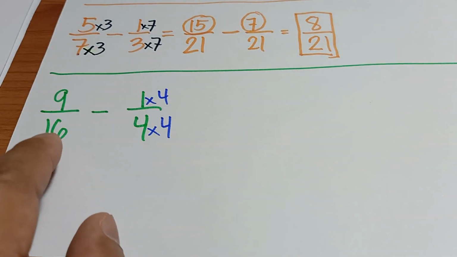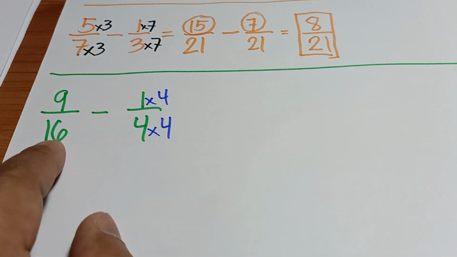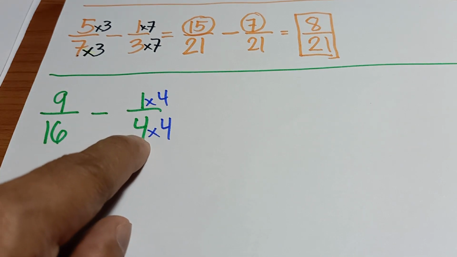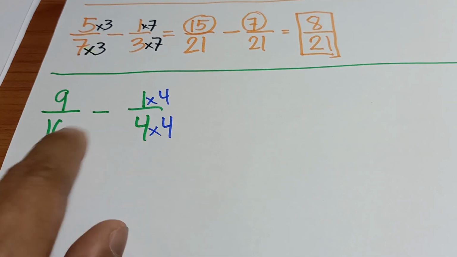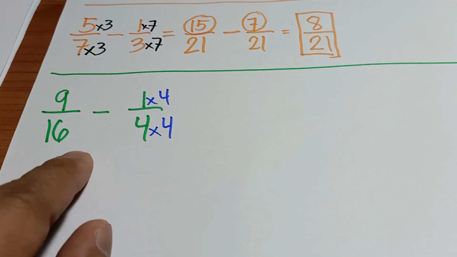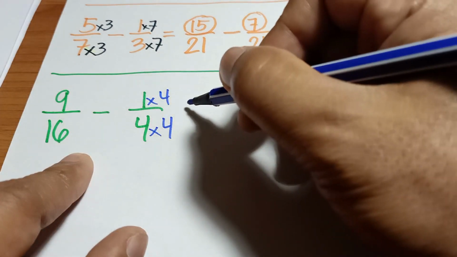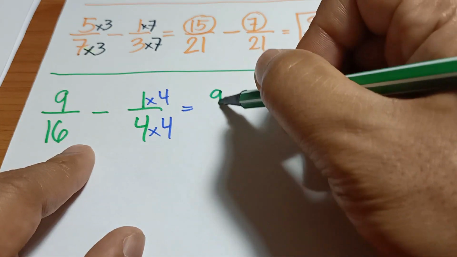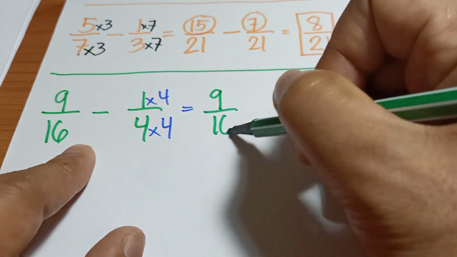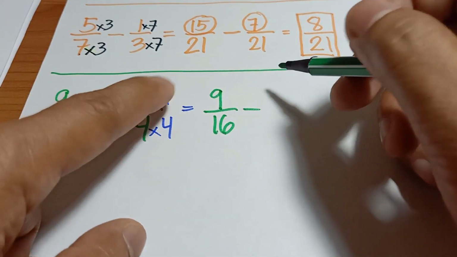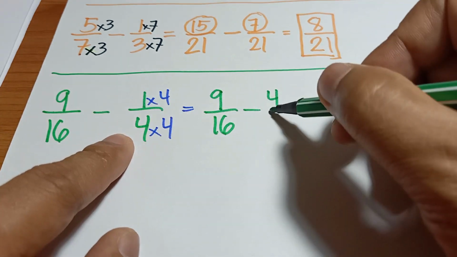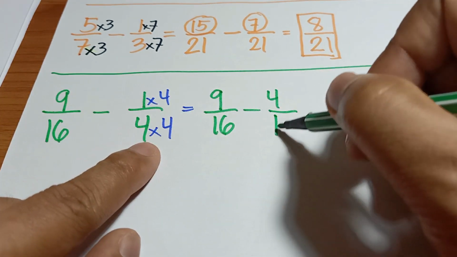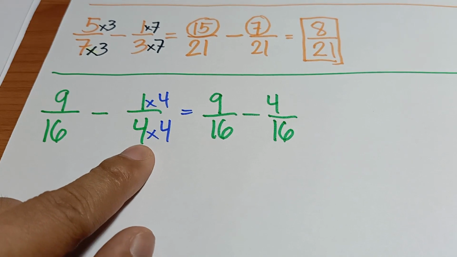We don't need to multiply the 9 over 16, because 4 times 4 gives 16, so the denominator is already the same. So you just copy 9 over 16, then minus 1 times 4 is 4, then 4 times 4 is 16.